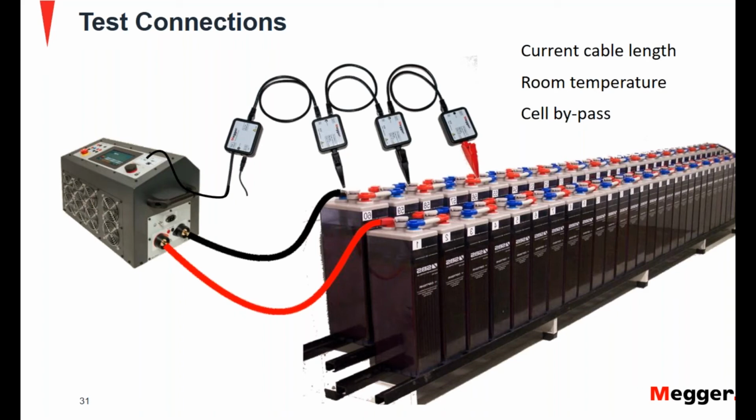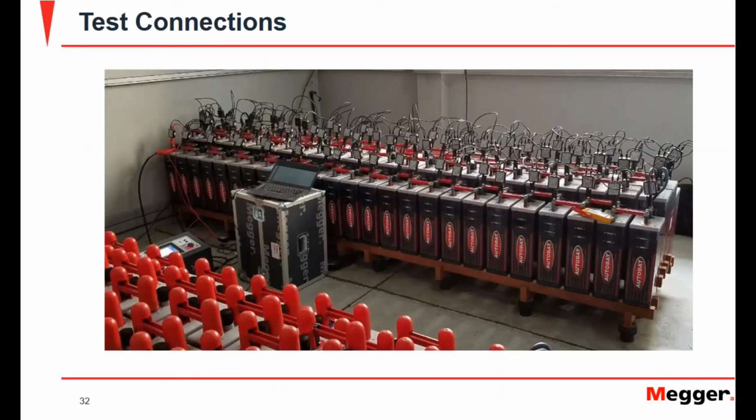And if you are measuring the individual voltages from each cell, this is how it will look, at least with the solution that we provide. And this is a more realistic picture where you see the load bank here, and then you have all of the voltage monitoring devices connected throughout the battery in a daisy chain style.